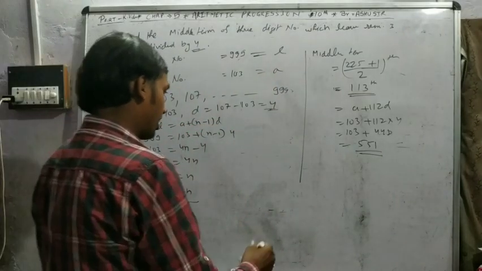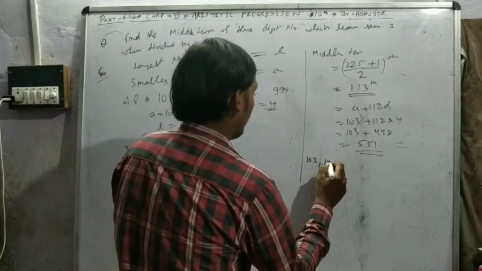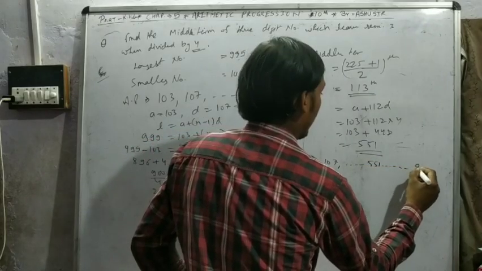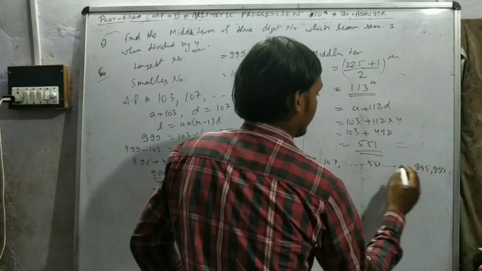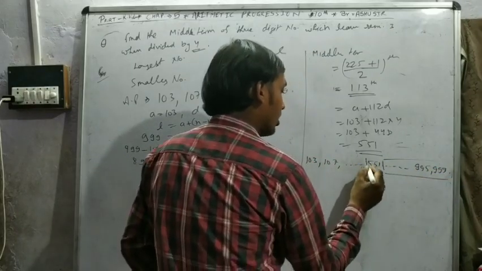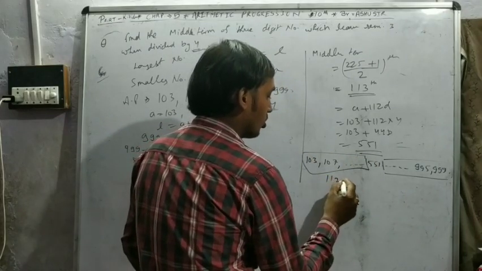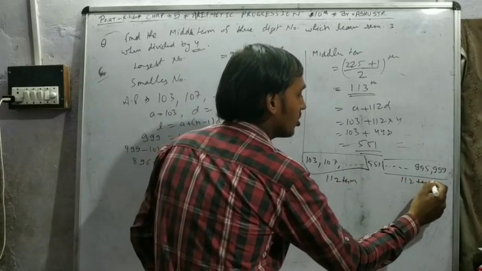Means you can say 103, 107, up to 551, up to 995 and 999. The number of terms on each side is 112.